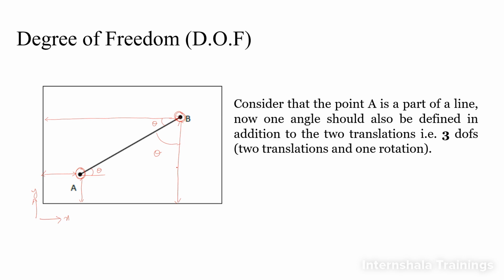So how many parameters are required to define the position of the system here? So we need 3. 2 translations, or let us say linear dimensions, and 1 rotation dimension, right? So this system can be called a 3 degree of freedom system.